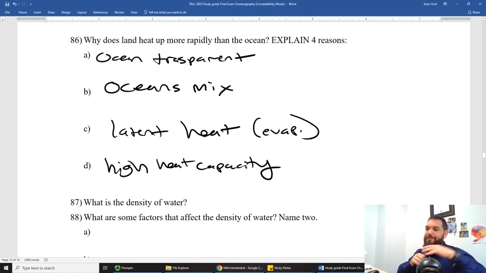Remember, that keeps coming up. It's a polar molecule. So that high heat capacity really takes a lot of the energy from the sun, and it sucks it up. It stores it. It's the capacity to store heat, and it makes it a lot harder to warm up the oceans, or cool down the oceans, vice versa.